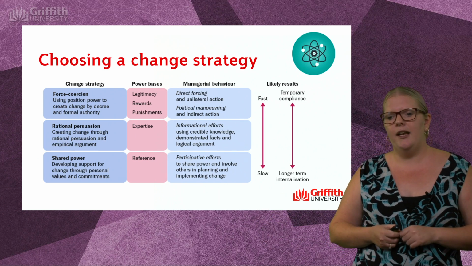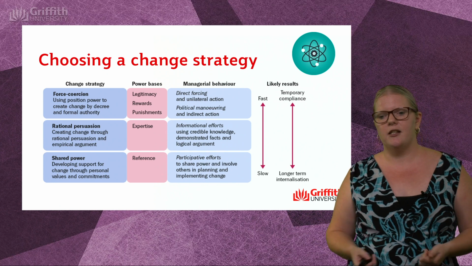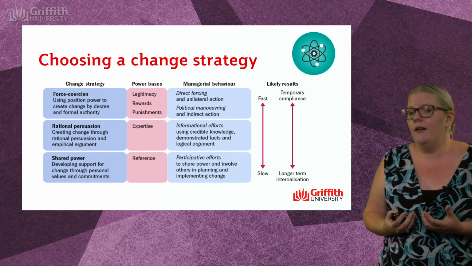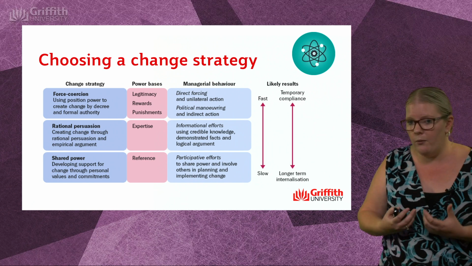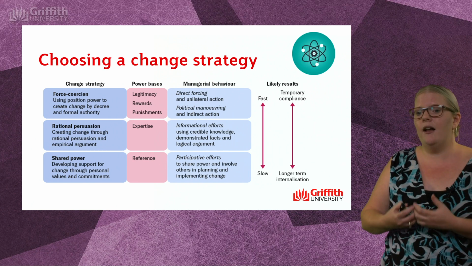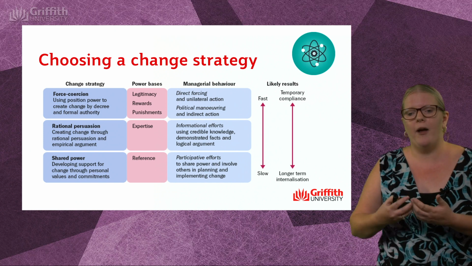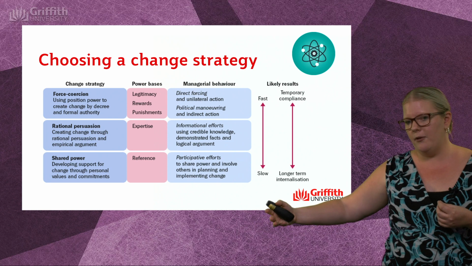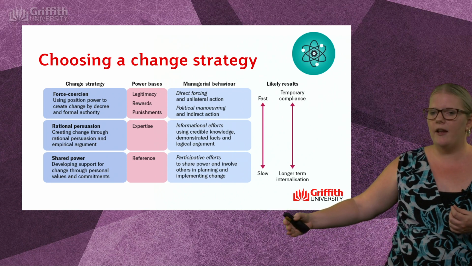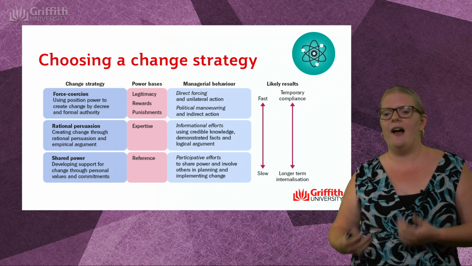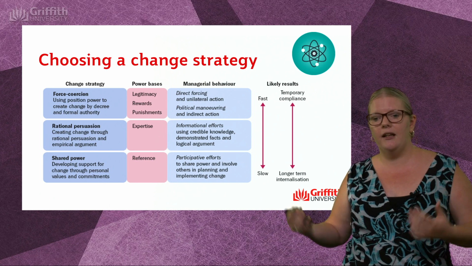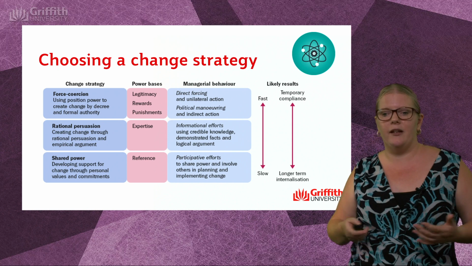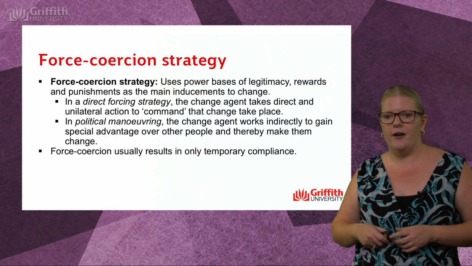However, if I want a long-term change to actually happen, people to get on board with my change and actually embody that and really come on what I want them to do, then I use more of a shared power strategy. So I have a longer term to get this change happening, and it's so much slower than a force coercion strategy, but I have that time to be able to really engage with the workforce and listen to what's happening to them and do some great stuff about that.